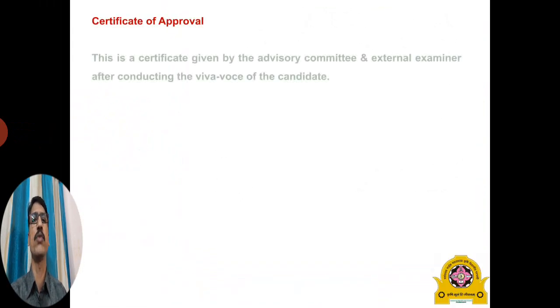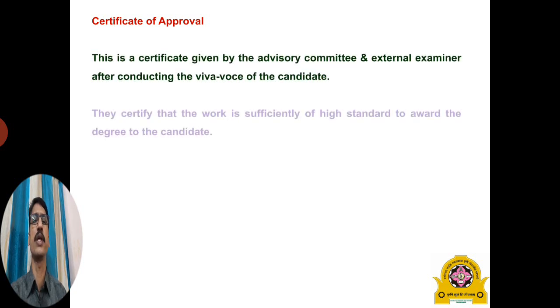The next certificate is also an important and compulsory certificate. This is the certificate given by the advisory committee and the external examiner after conducting the viva voce of the candidate. They certify that the work is of sufficiently high standard to award the degree or diploma to the candidate.